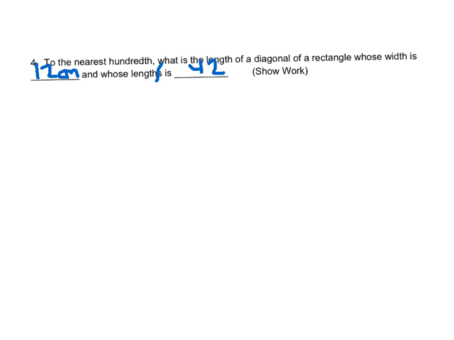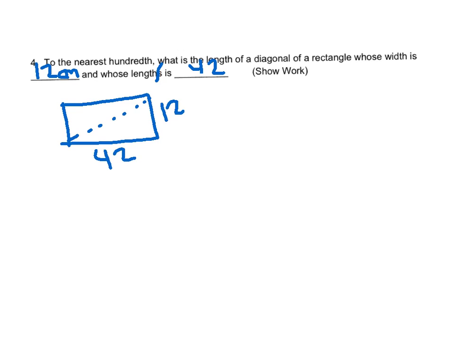The best thing to do for this problem is to first draw this rectangle. Our length is 42, width is 12, and you're asked for that diagonal, so it forms a right triangle. You're again going to use the Pythagorean theorem to find your hypotenuse, and once you do, you need to round your answer to the nearest hundredth.